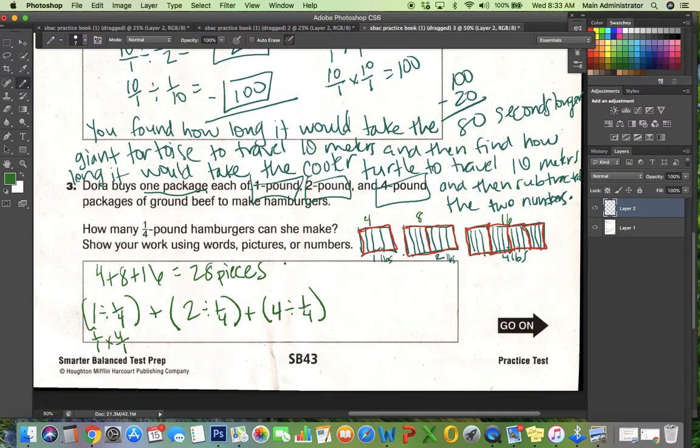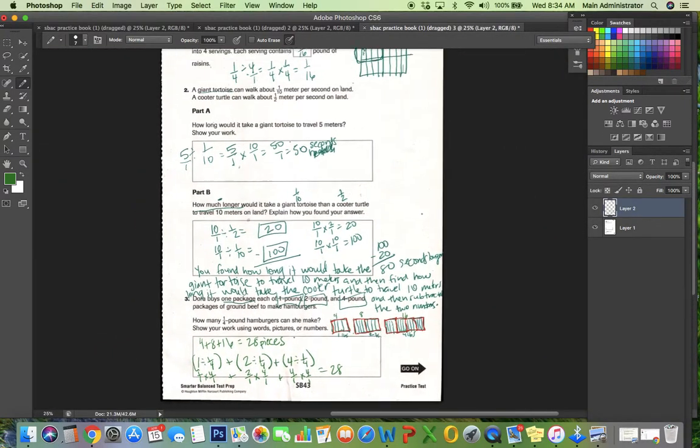So that would just equal 4. Plus keep 2/1, change, flip. That would equal 8. Okay, there's 4, there's 8. And then this one, keep, change, flip. That would be 16. So I'd still get 28 pieces. And that is it for SB43.